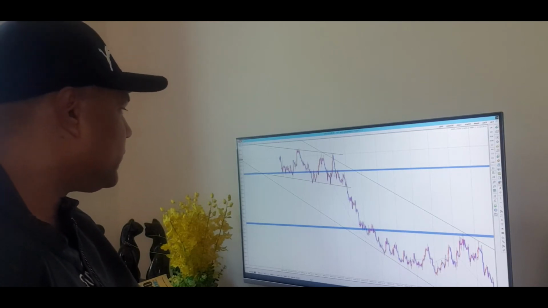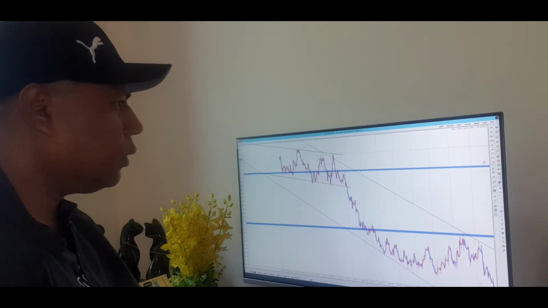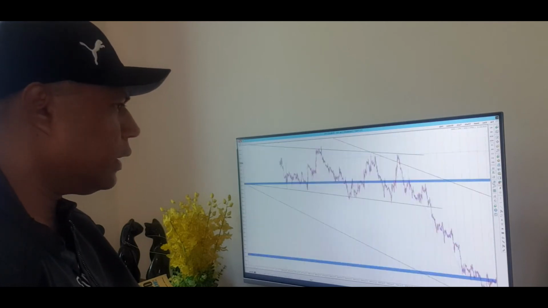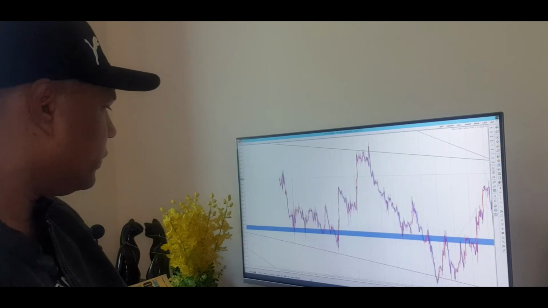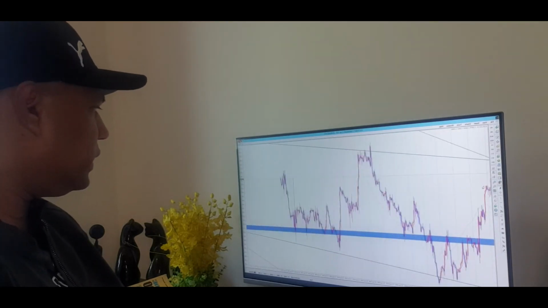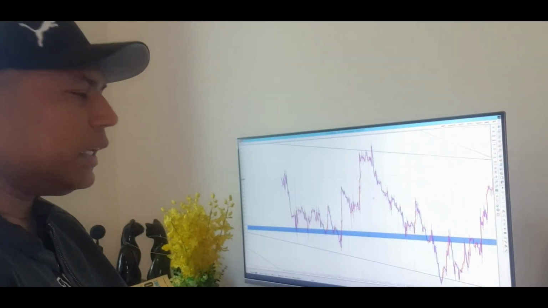Okay, let's see what price is doing on the 1 hour time frame. Now, as you can see, we are clearly in a nice channel, even though there is only a 200 pip range.